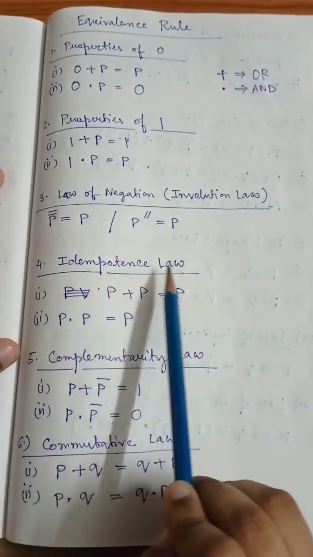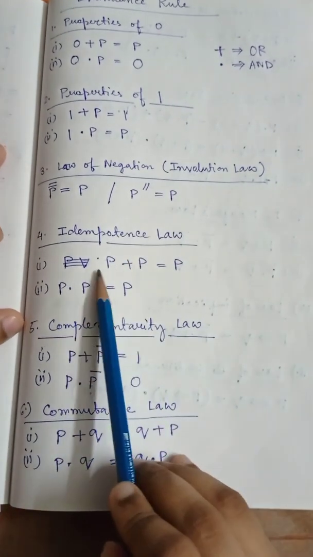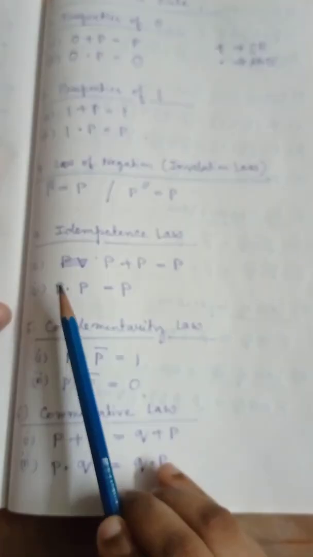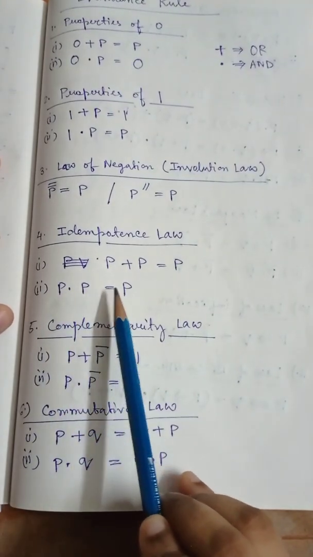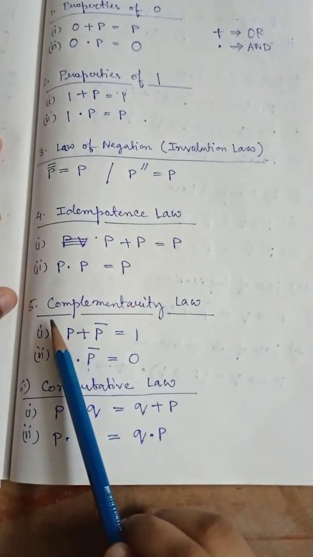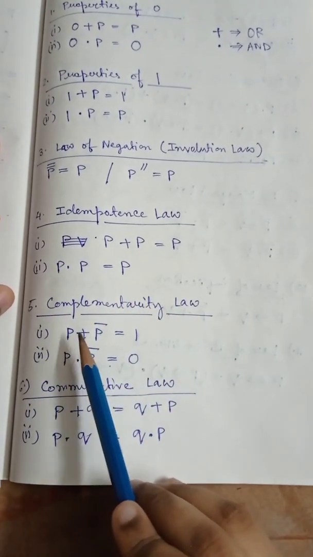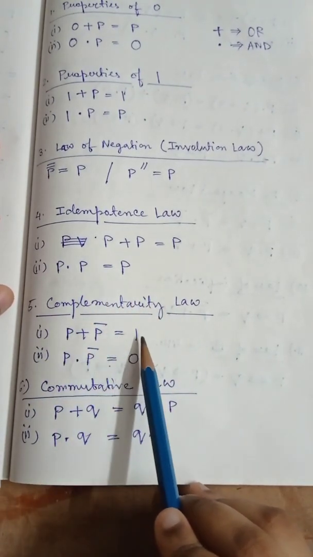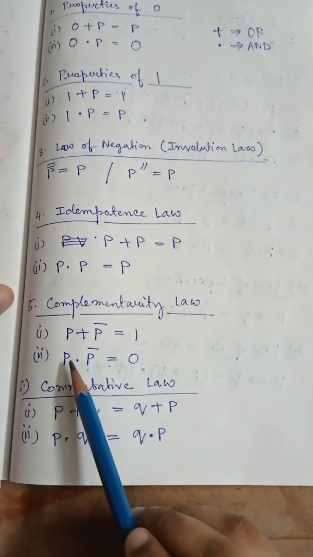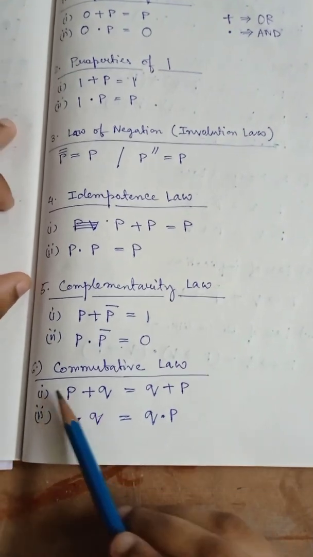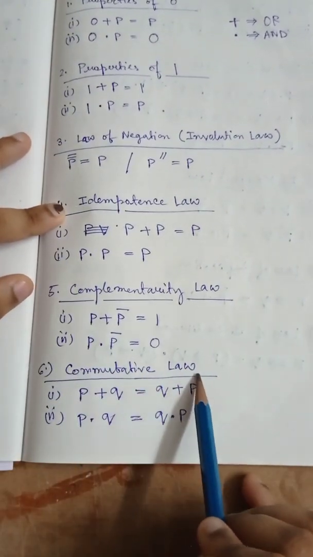Next is idempotent law. Here P plus P is equivalent to P and P dot P is equivalent to P. Next is complementarity law. First law is P plus P complement is equivalent to 1. Next is P dot P complement is equivalent to 0. Next law is commutative law.